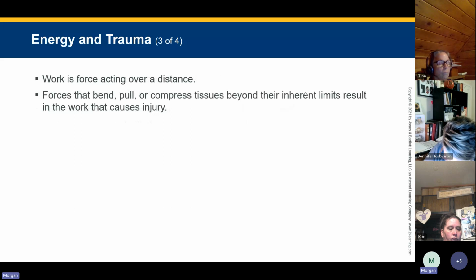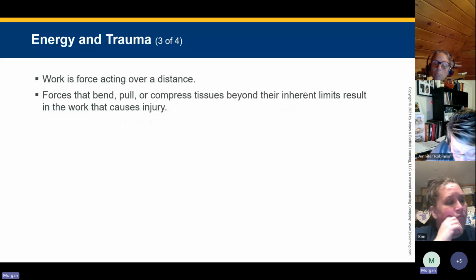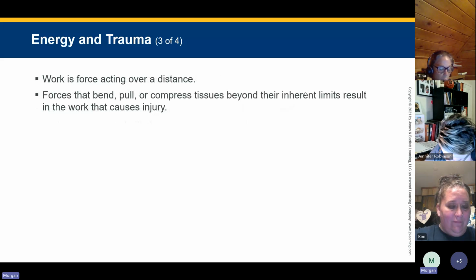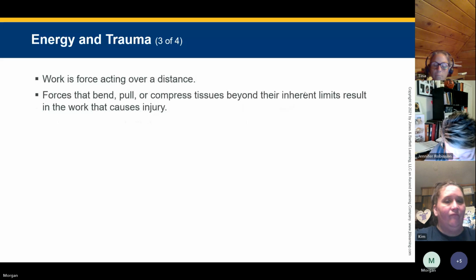For example, a vehicle traveling at 65 miles per hour: how much work is it doing, and how much work will it take to stop that vehicle? The example they use in the book is bending a rod: how much force over time will it take to bend that piece of metal rod, and at which point.